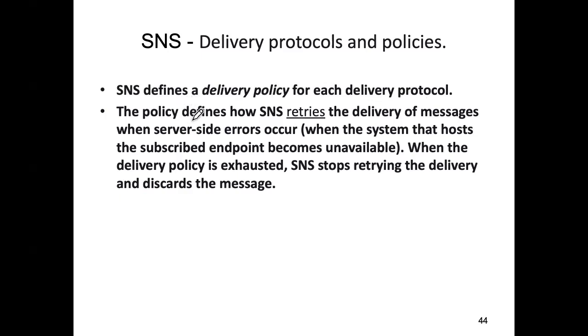The policy defines how many retries SNS attempts before it eventually gives up. And if it does eventually give up, you can still configure SNS to put those messages into a DLQ, although I won't demonstrate that.